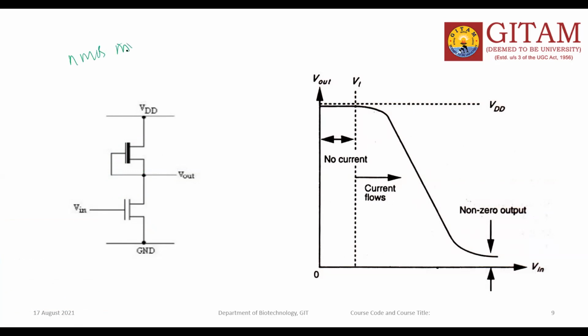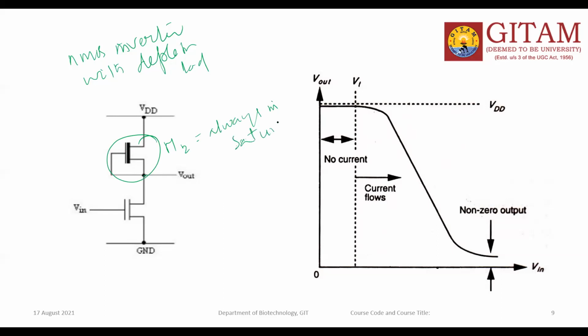Whenever the gate of this depletion transistor is connected to its source, M2 is always in saturation.